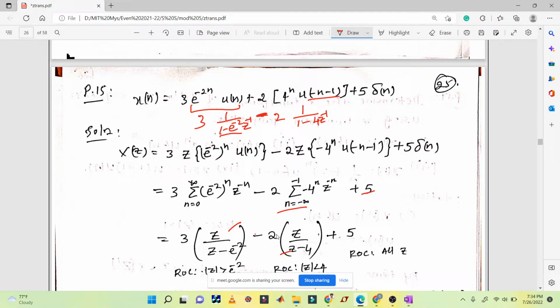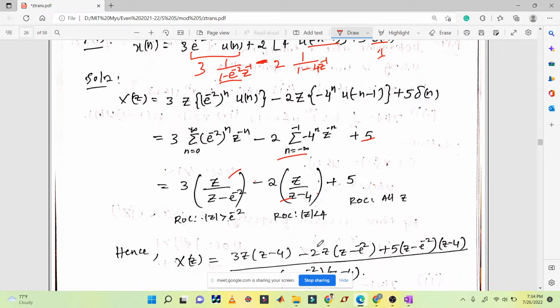No change in that because it is 5 delta n. So the z transform of delta n is 1, so you will get 5 only. And for this one, finally, the z transform is having z greater than minus 2, z less than 4.